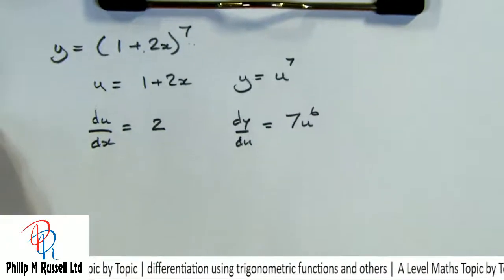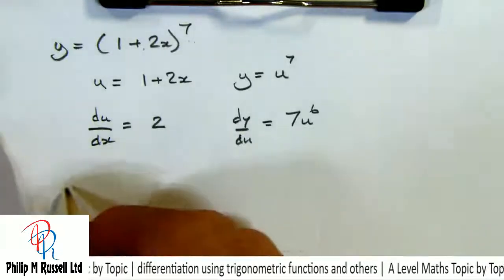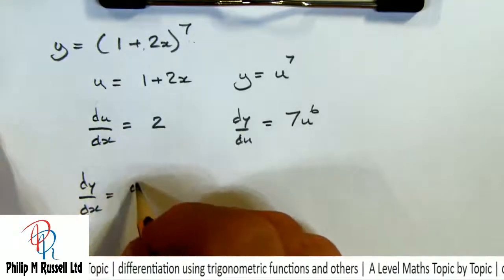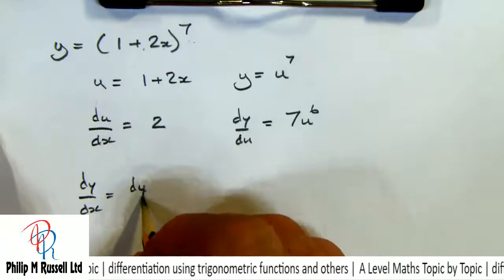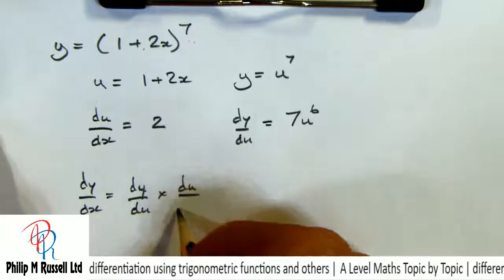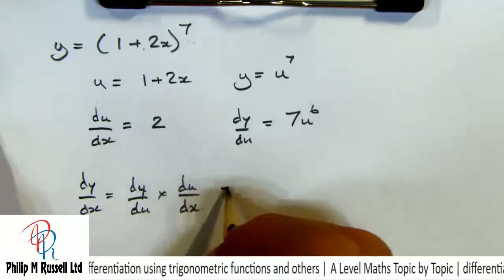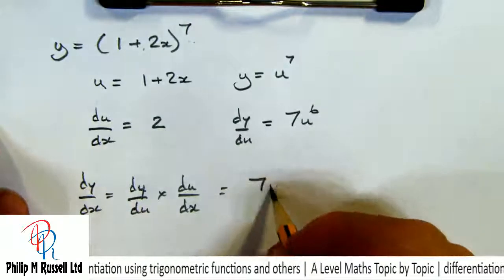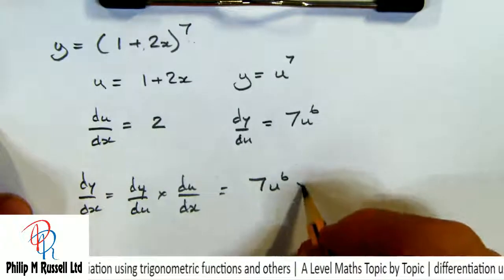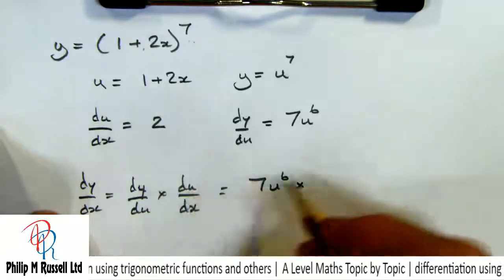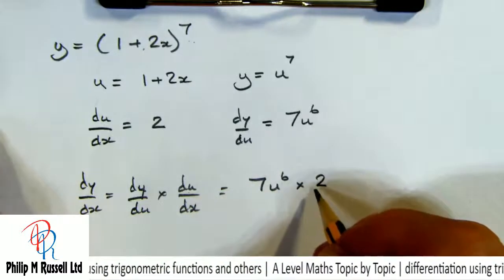And now, using the chain rule, dy by dx equals dy by du times du by dx, and that's going to be 7u to the 6 times my du by dx, which is 2.